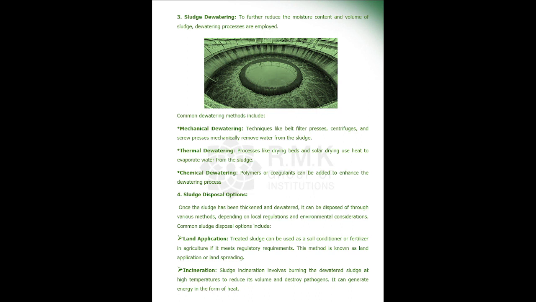And then incineration, a very common method where the temperature is raised. When you raise the temperature, the dried sludge will start burning off. When it is burning, the pathogens, the microorganisms, will die off, and any volatile impurities are also evaporated to the atmosphere.